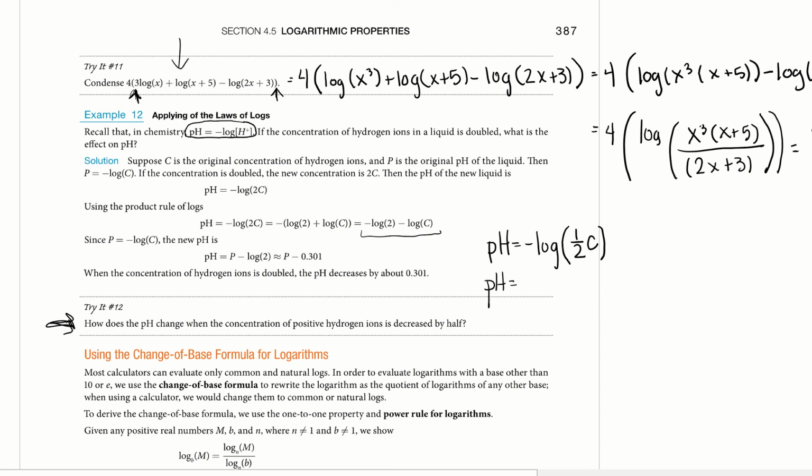So pH equals, and this is the multiplication property, that's negative log of half minus, because it was a positive but now it switches to a negative because the whole thing's negative, log C. So now the original pH, they're calling it P, is equal to negative log C. So it's going to be pH is equal to P minus log half.